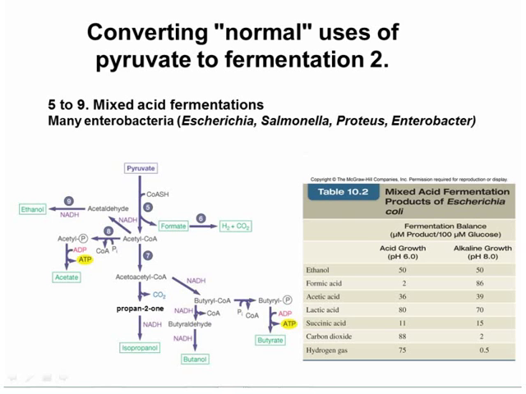And then this acetyl coenzyme A will be used for a whole bunch of different things. Now, this is almost impossible to read, right, on the projected slide. Butyrate, butanol, propanol, I guess, and acetate.